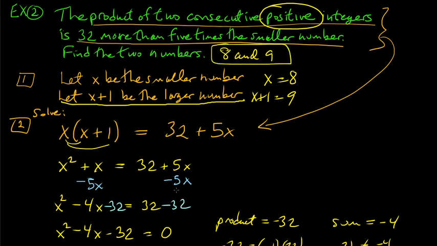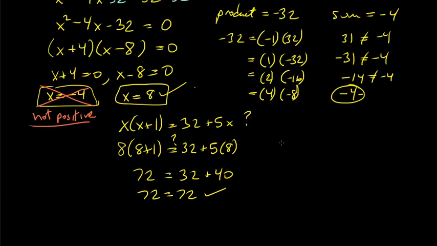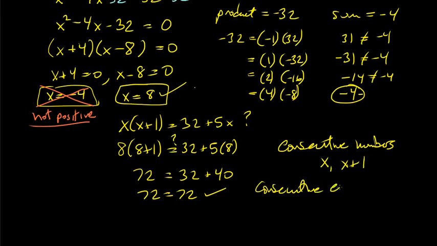All right. So those are number puzzles. And they're just not going to get any more difficult than this. The main thing you have to remember, though, is when you say consecutive numbers, that's just x and x plus 1. If they say consecutive even numbers, or odd numbers, then it's x and x plus 2.